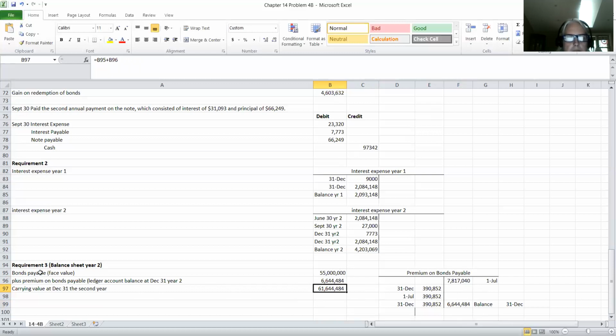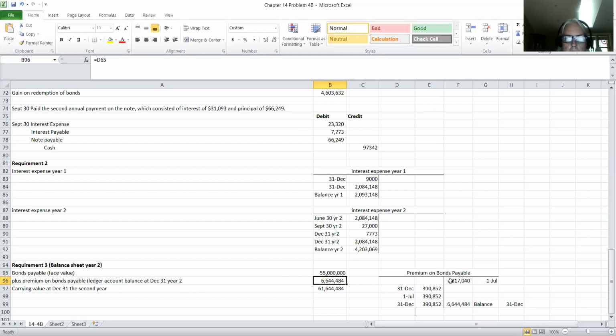Bonds payable is a long-term liability. So this would be in the long-term liability section. The bonds payable is always recorded for its face amount. If there is a premium on the bonds, we need to record that. And that premium at that particular date amounted to this.